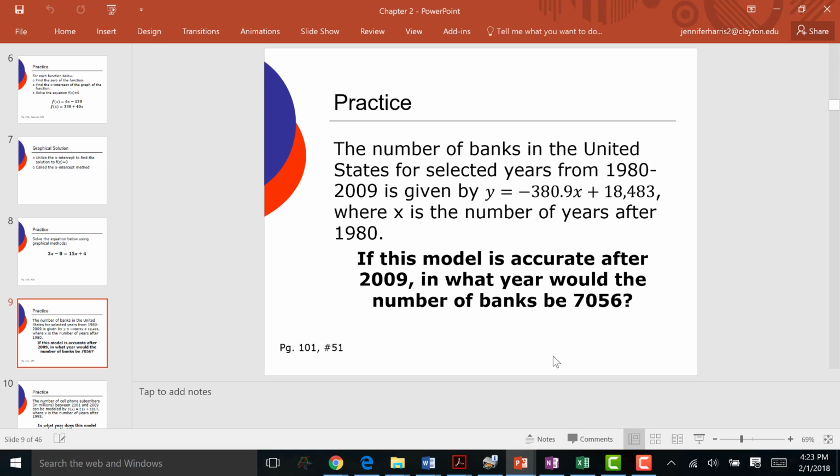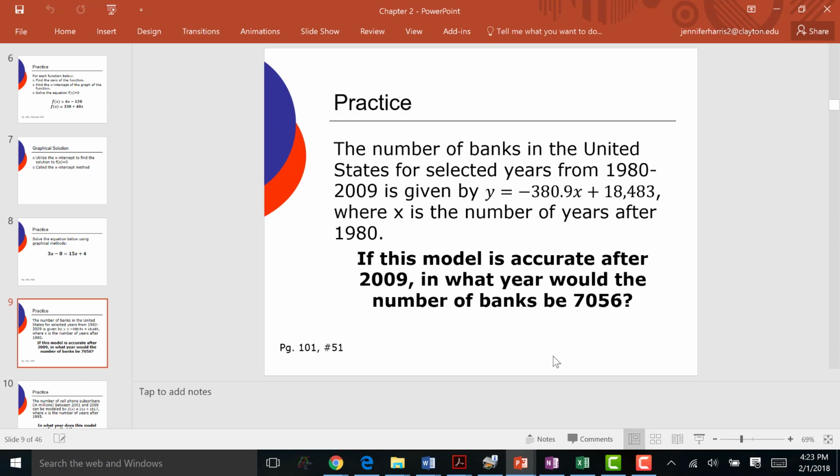In this particular case, what is the 7,056? Is that an input value or an output value? It's the number of banks. So that's over here. They just told me the number of banks is 7,056 banks. That's all I know, that I got an output of that.